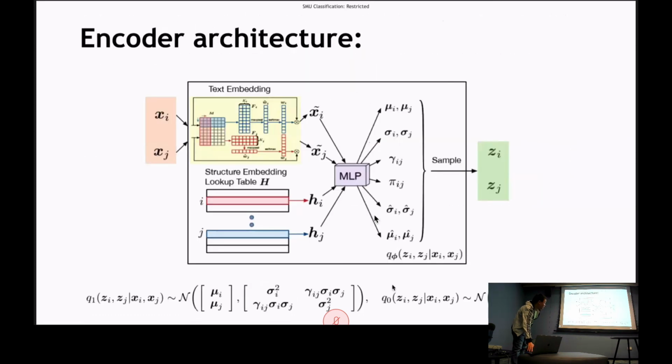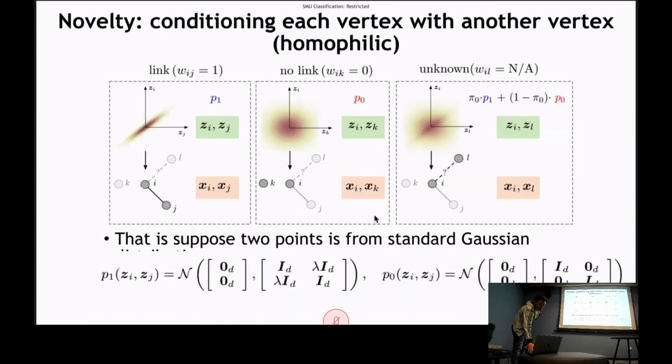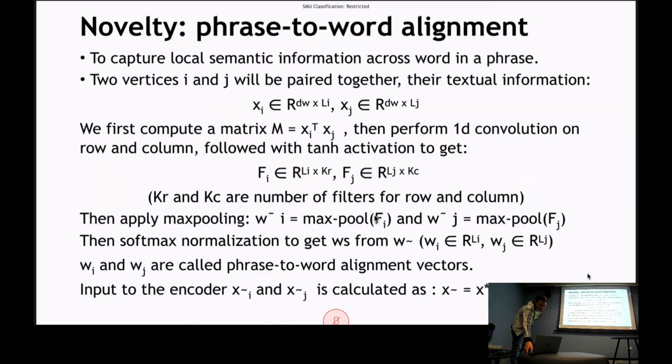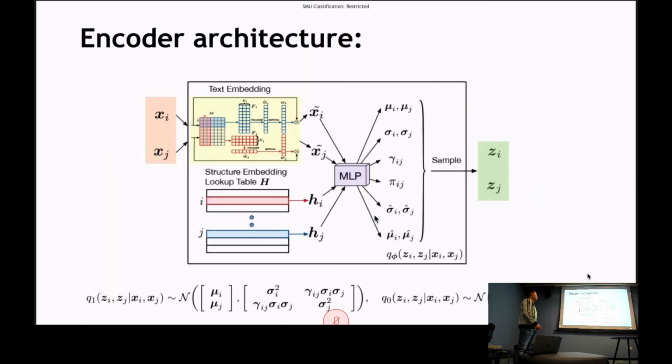And in case there is no link between the two vertices, the Kullback-Leibler divergence will be calculated as the difference between this distribution versus this distribution here. So that's just the main difference between how they do it in this paper versus a normal variational autoencoder.